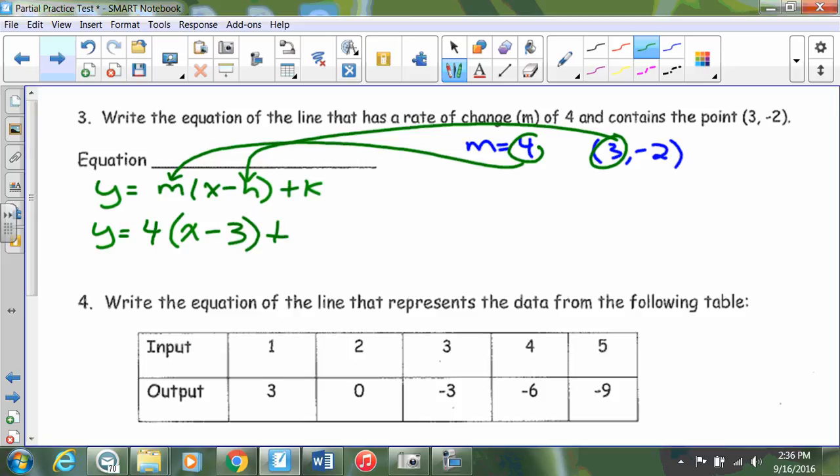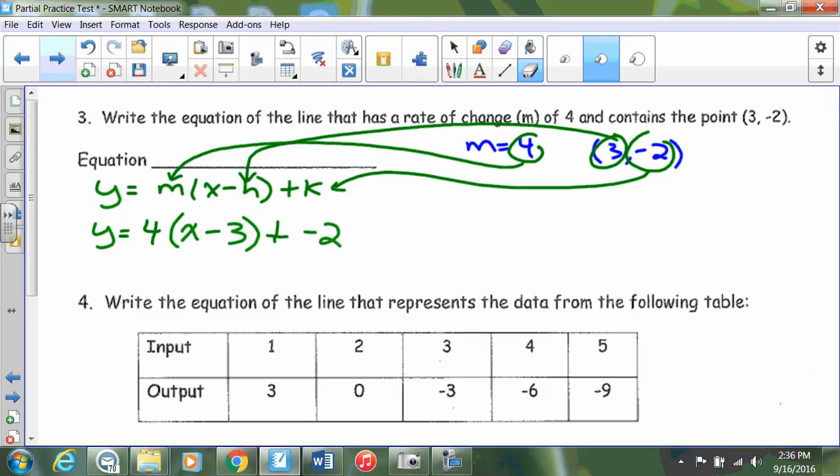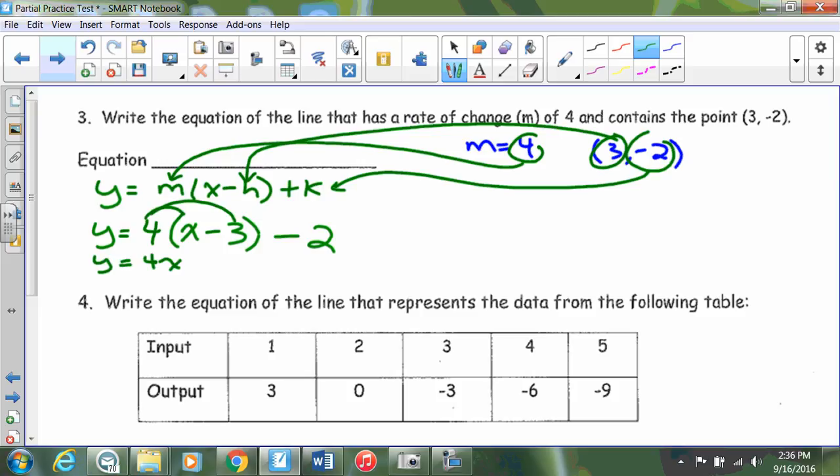And when we see a plus k, -2 is the k. We're going to plug that in. So you see me writing a plus, a negative. Really, when we see that, we could keep it that way, but a plus negative is really the same thing as minus a 2. So we're going to distribute. We'll get y equals 4x minus 12, and then we just bring down the -2.